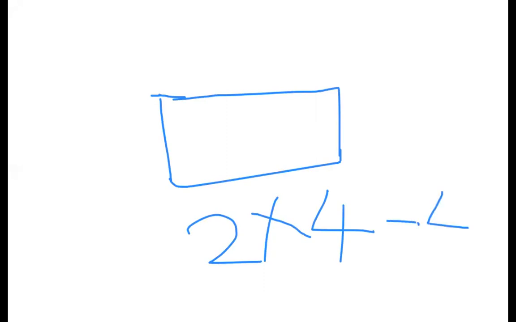Yes. Can you see it? Yes, go on. So for example, it's a triangle. So you say a triangle has 4 sides, I mean, and then 2 times 4 minus 4, then you get 8.